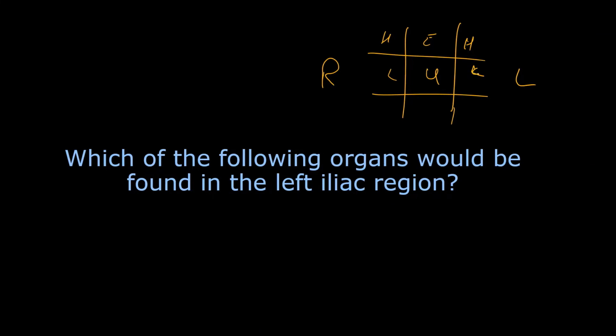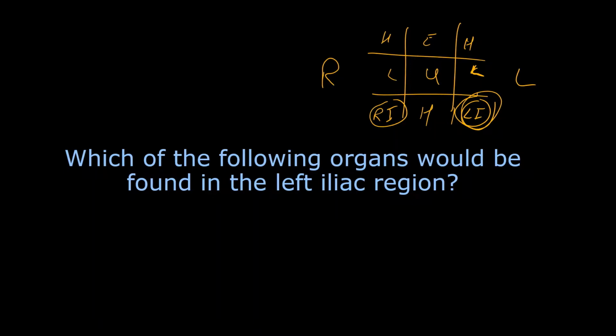This is in the lecture series if you haven't seen them. And in the bottom, what do we have down here? Hypogastric. And over here we had iliac, right iliac and left iliac, where the hips are. So the question is, which organs would you expect to find in the left iliac region, way down there?